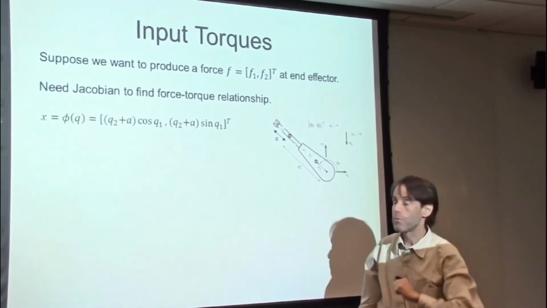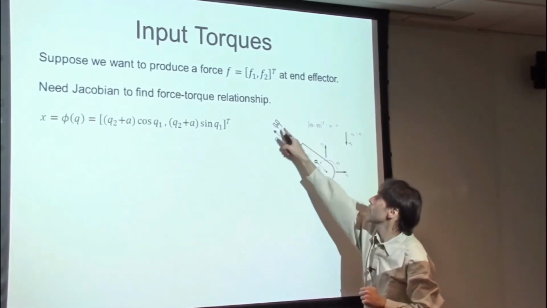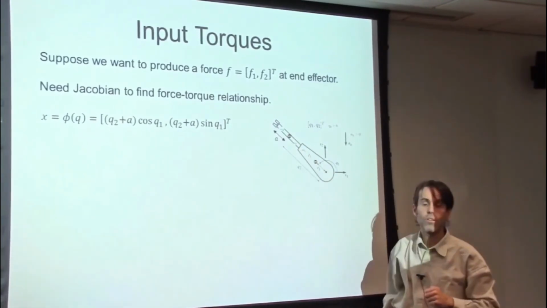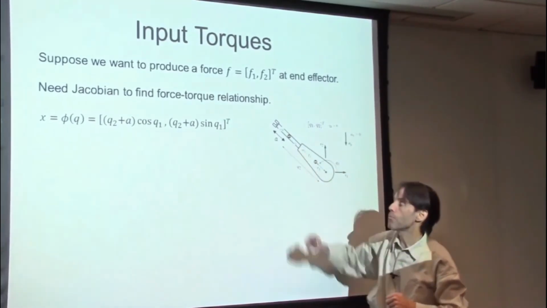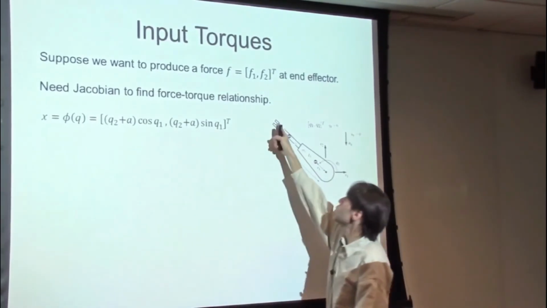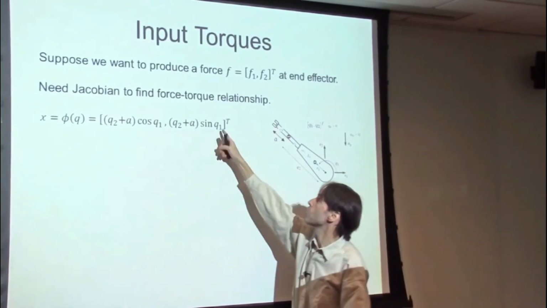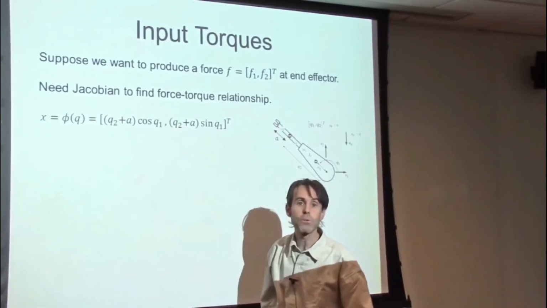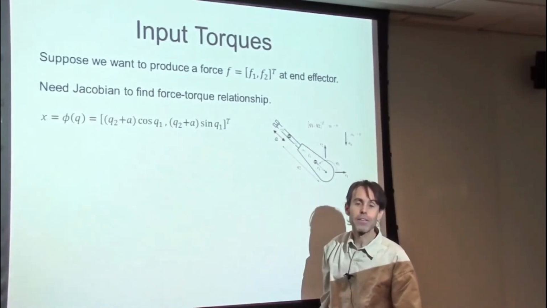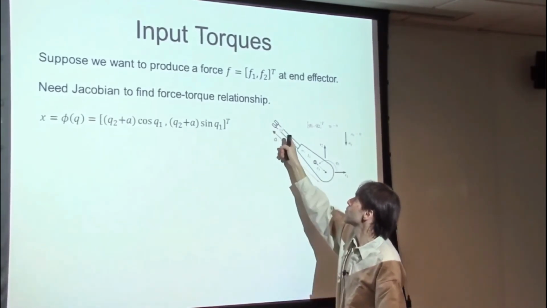So let's just review. Here's our 2-degree of freedom system, theta 1, d, Q1, Q2. The forward kinematic map is simply the position of this end effector as a function of Q1 and Q2. We had to introduce this little a in here on this slide just to get to the position from the center of mass to here.